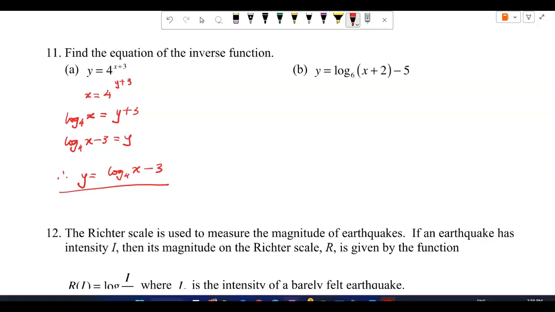This one, write this down. Let's see. What you do is replace x with y and y with x. Correct? Now to make y the subject. So first I'll take 5 on this side.